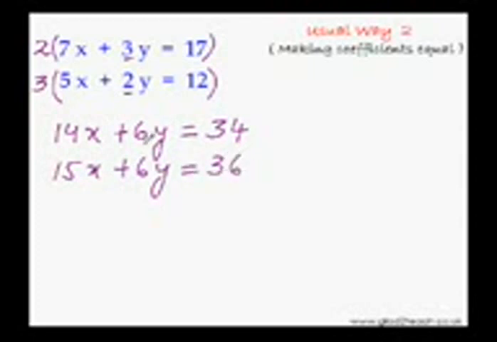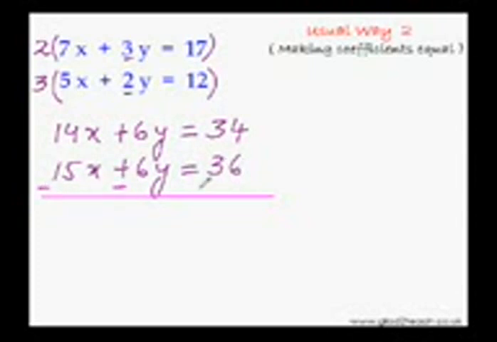Now as you can see, we have managed to make one pair of coefficients equal. So now we can easily cancel them out by subtracting this equation from this equation. Subtraction in algebra means changing the sign and then adding the terms. So this is positive 15x, it will become negative. This is positive, so it will become negative.